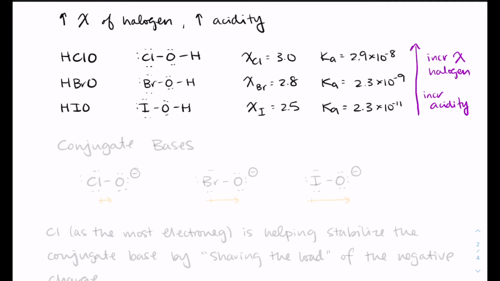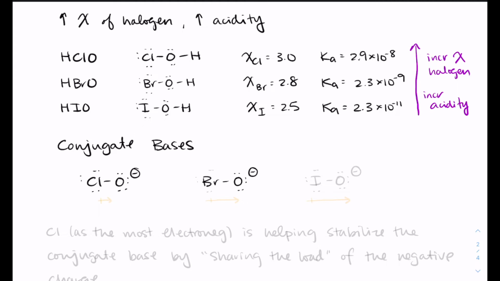So in every case, if you were to draw the bond dipole for the halogen-oxygen bond, and I'm just going to do this on the conjugate bases, so ClO minus, BrO minus, and IO minus, the bond dipole in the chlorine-oxygen bond is smaller than the bromine-oxygen, which is smaller than the iodine-oxygen. The difference in electronegativity between the halogen and oxygen is smallest with chlorine and biggest with iodine.